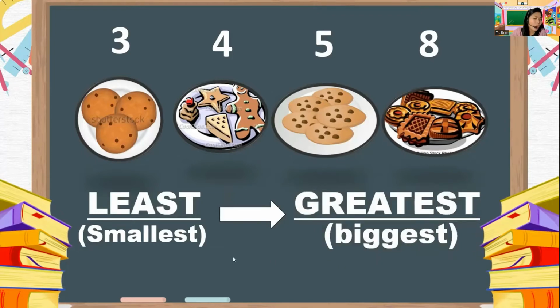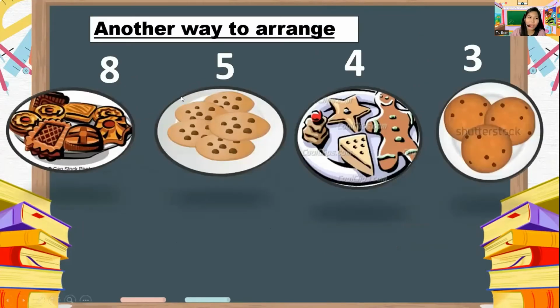All right. So let's look at another way to arrange the plates of the cookies. Another way to arrange the cookies is from the biggest number to the smallest one. We have here the biggest number or the greatest, which is 8, to the least one, which has 3 cookies only.